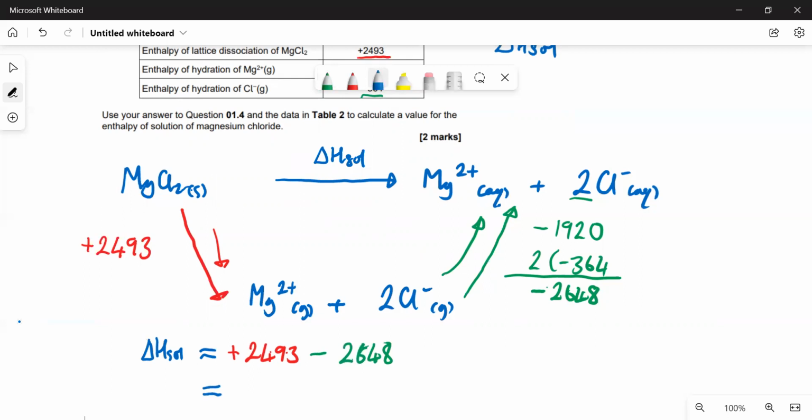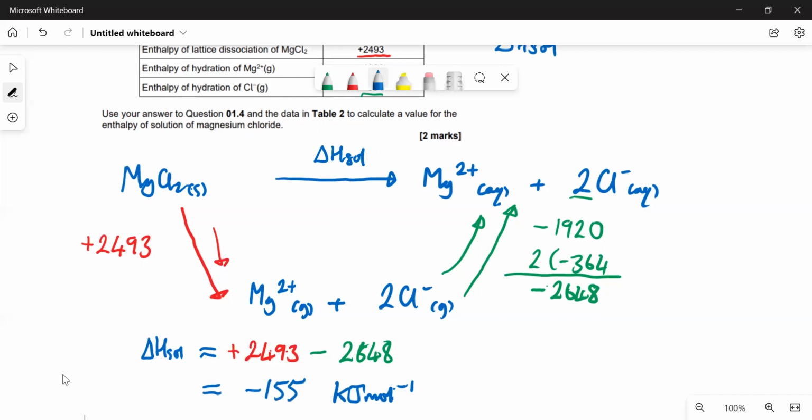Work that out, that comes to minus 155 kilojoules per mole. Okay, that is the answer to that. There is our 2 marks there. So move on to the next question now.